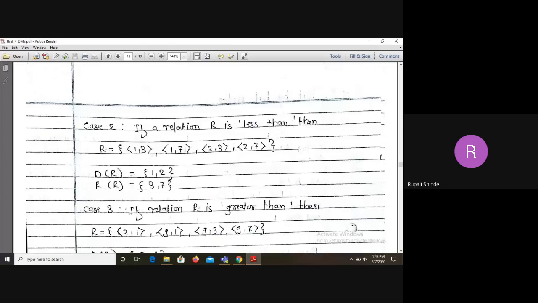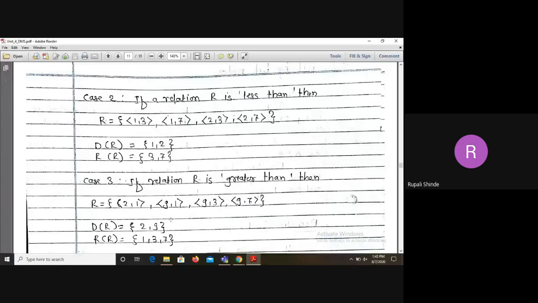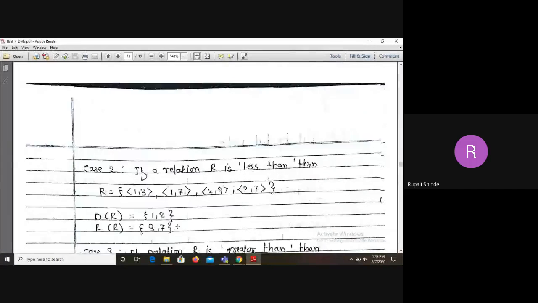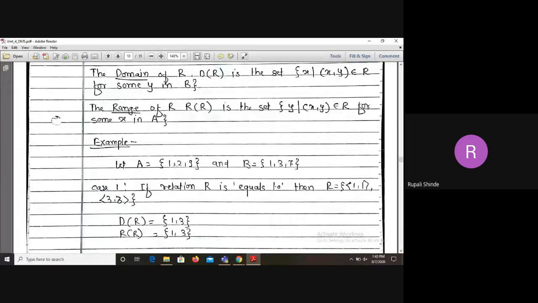Okay. Now the next case is given: if relation R is greater than, means what? The first element of every ordered pair must be greater than the second element. So we have to find such ordered pairs from these two sets.